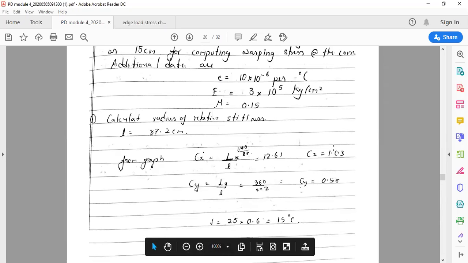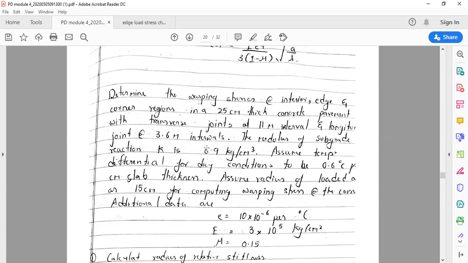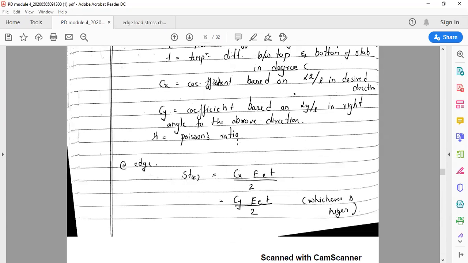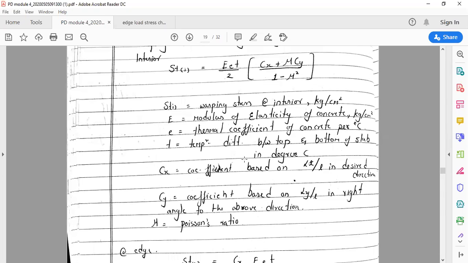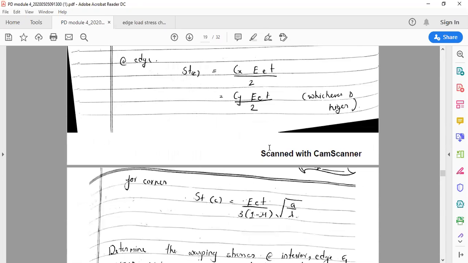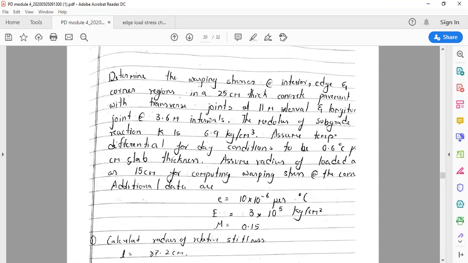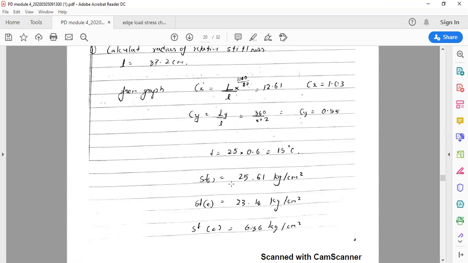I substitute these Cx, Cy, and L values in these equations. At interior, E, alpha, T, all these values are given. This Cx value we calculated, mu, and Cy value we have calculated, divided by 1 minus mu square. When I substitute all these values, I get the interior loading as 25.61 kg per centimeter square.